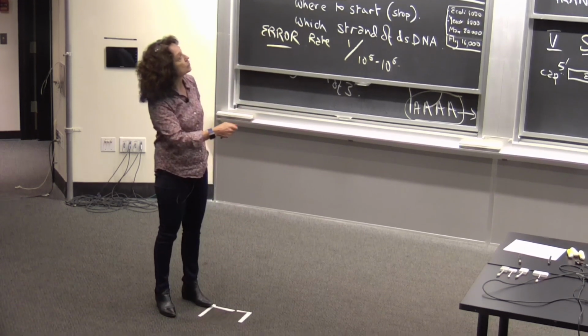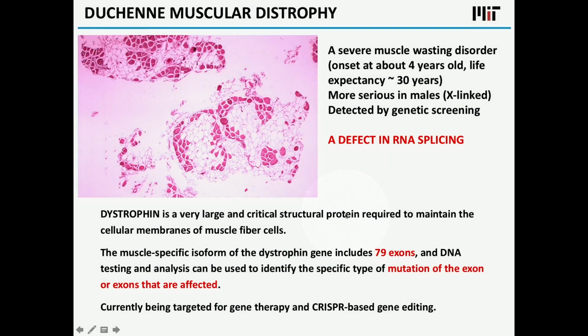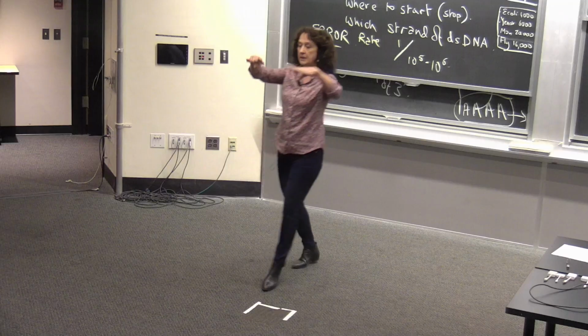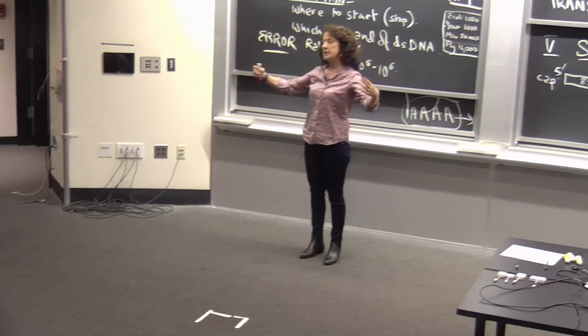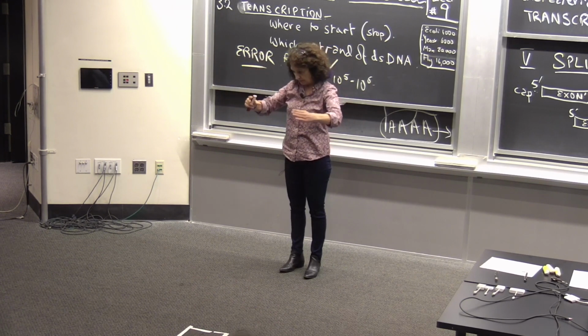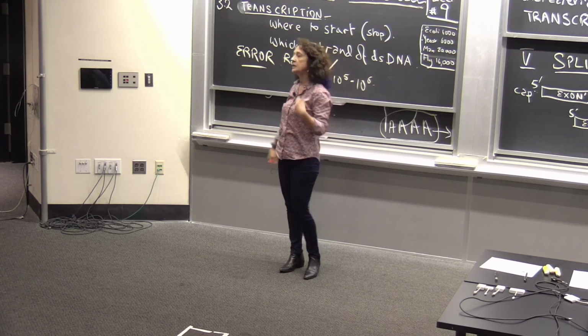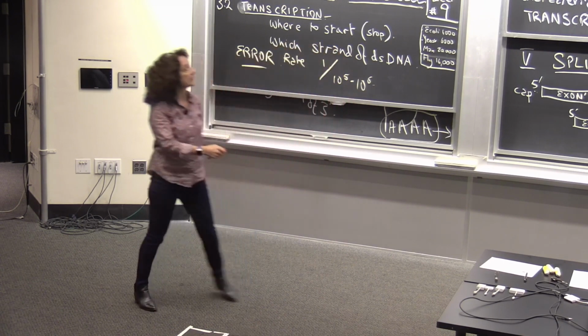And it's all related to a protein known as dystrophin, which is a huge protein, and it's a critical structural protein that's important to maintain the cellular membranes within the muscle cells. So if dystrophin is no good, the cell membrane integrity is no good, and you just end up with losing the muscle cells at cost of replacing them with fat cells in the muscle.